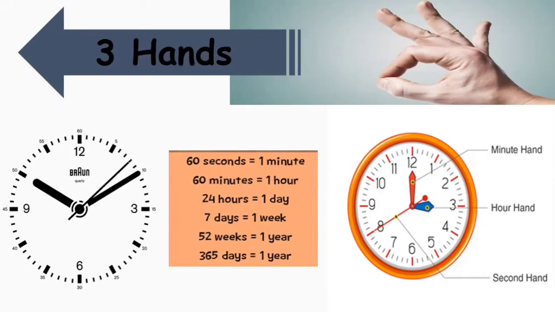So therefore, 60 minutes is equal to 1 hour. And so 24 hours is equal to 1 day, 7 days is equal to 1 week, and 52 weeks or 365 days makes 1 year. So now, what do you think are the units to measure time?